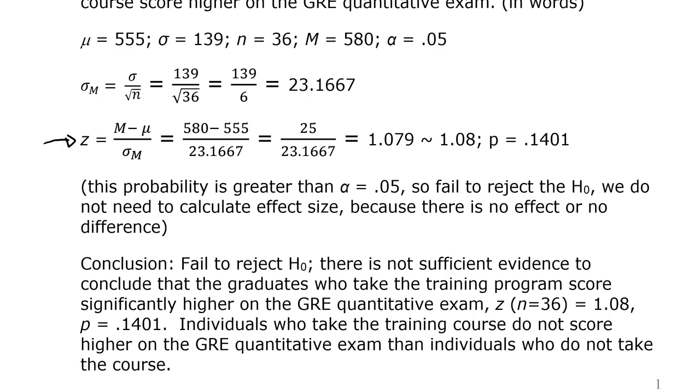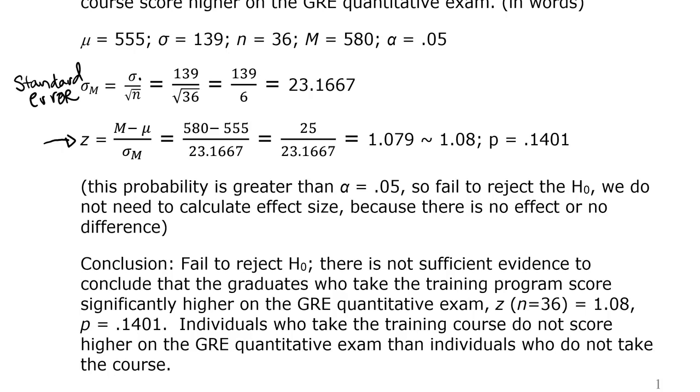Now, my suggestion is to always do the standard error first so that you don't have a fraction in the denominator, right? So here's standard error. Sigma M, which is equal to population standard deviation divided by the square root of n. Okay? So all we need to do is just plug in our numbers, right?